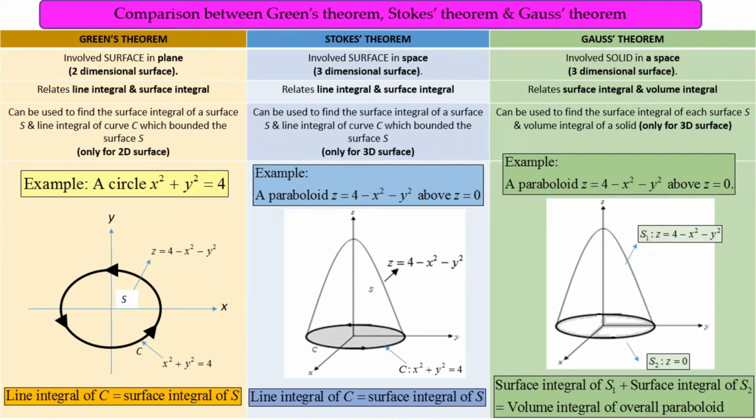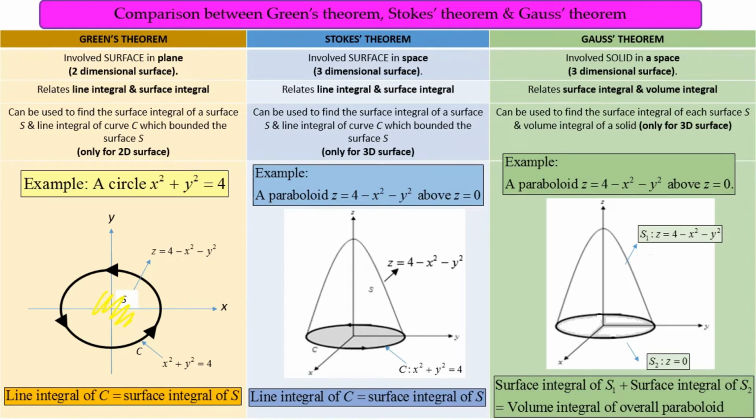You can see here I have three examples. Green's theorem always involves two dimensions, for example a circle. So you can see the line integral over C, which is the curve bounding the circle, is equivalent to the surface integral over S, which is the region inside the curve.